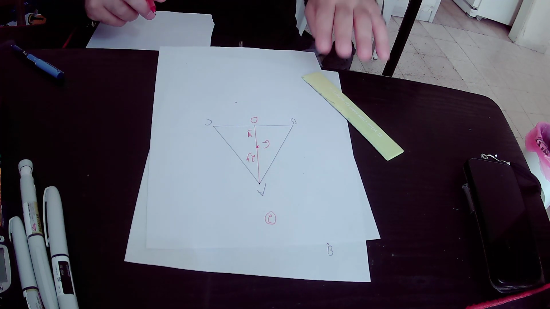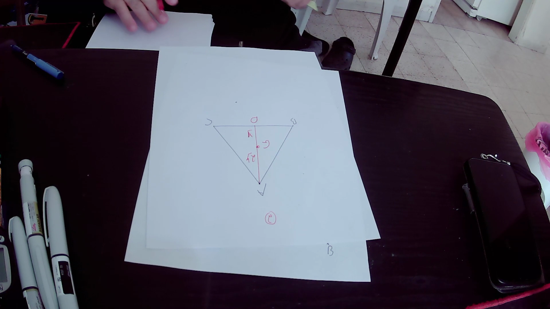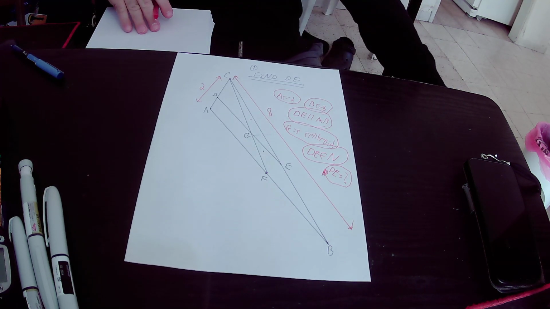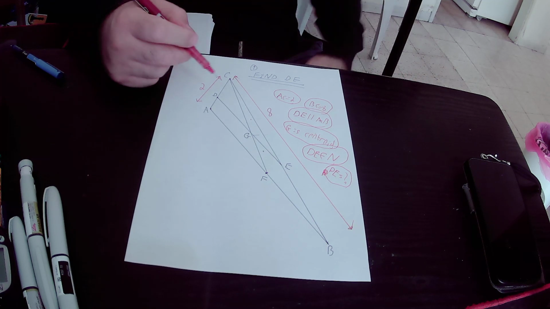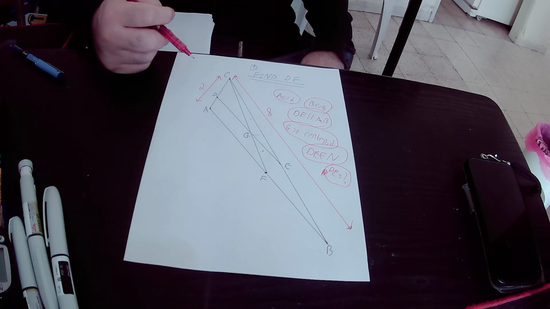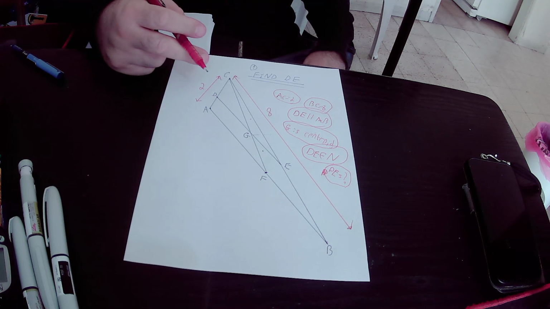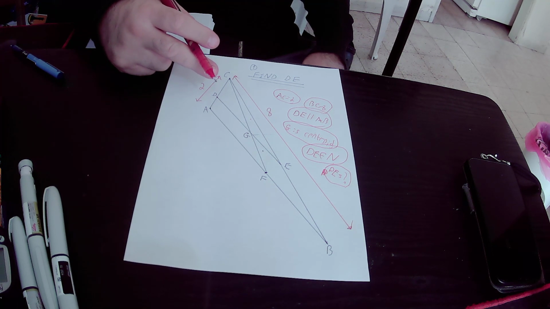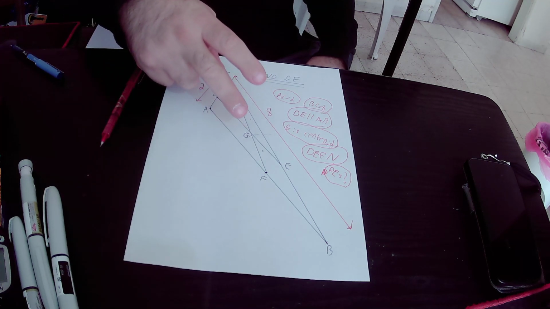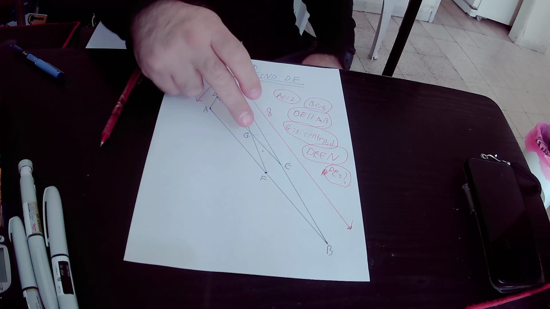So we know that G is the centroid of triangle ABC. Therefore, according to the rule that I stated, the centroid divides the median CF in a ratio of 2 to 1.